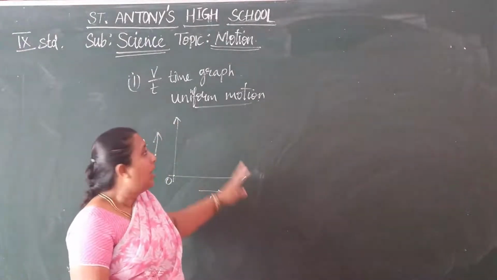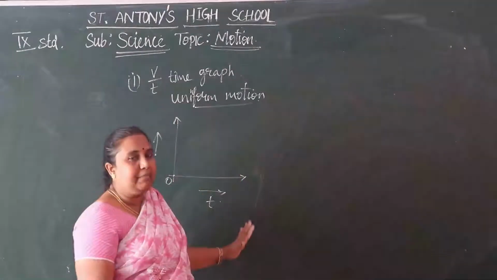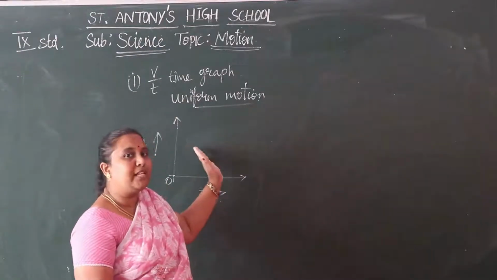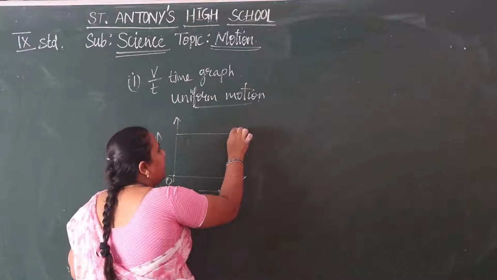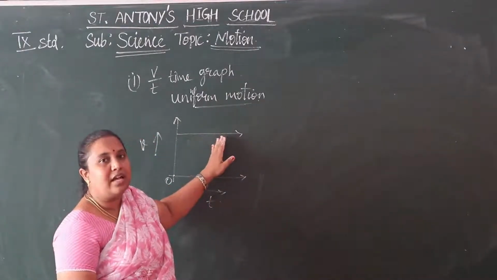Velocity equals displacement by time taken. The displacement and travel time are the same, so the straight line moves on.